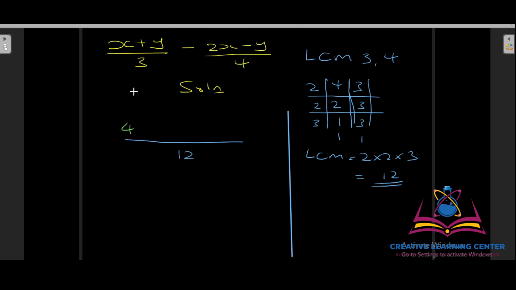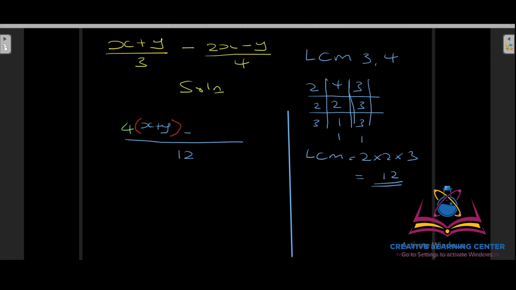This 4, I open my bracket and write what I had here before, which is x plus y. Then I close my bracket. This will go with a subtract. Then if I divide 12 by 4, I'm supposed to have a 3.